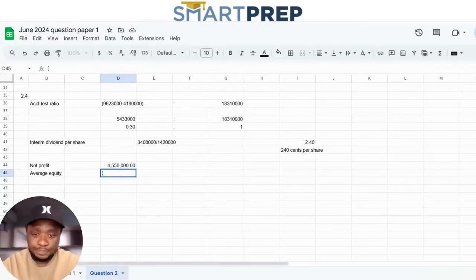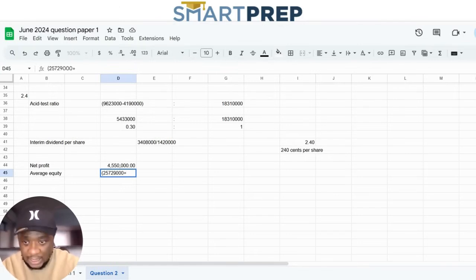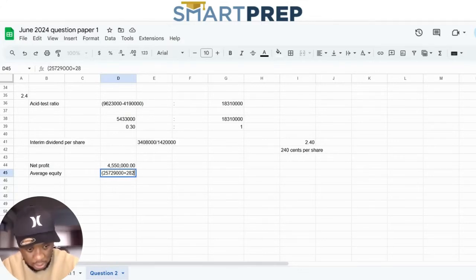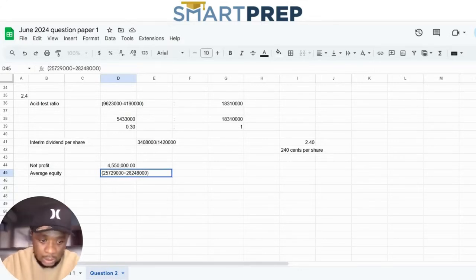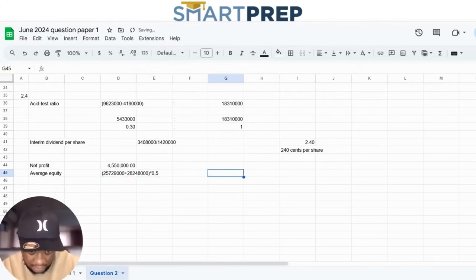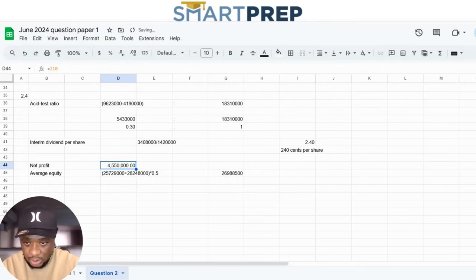So 25,729 plus 28,248, then multiplied by 0.5. So that's basically just dividing. So that's going to be that, and I want to just move this one here actually so that it's kind of in the same thing.